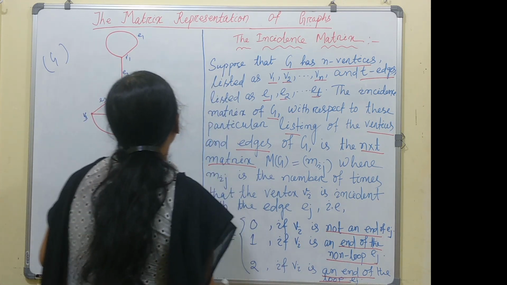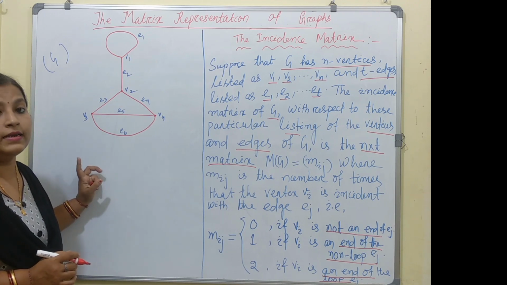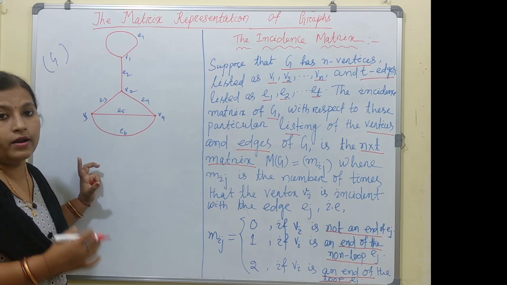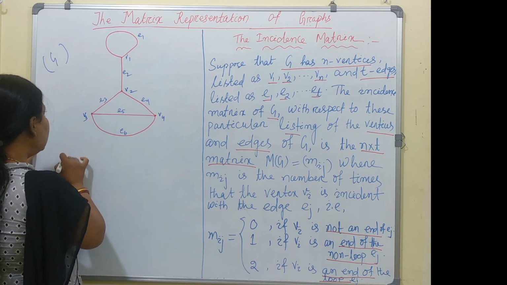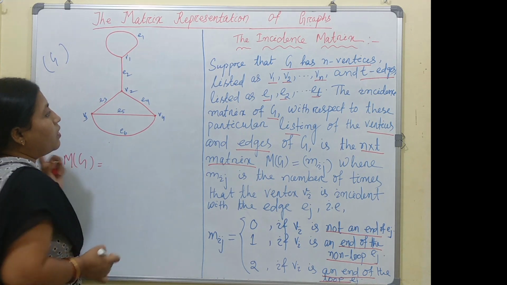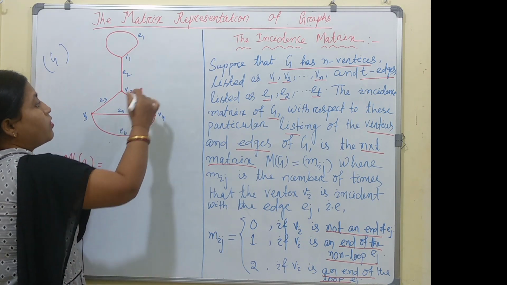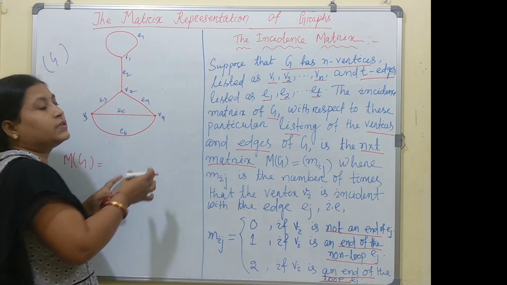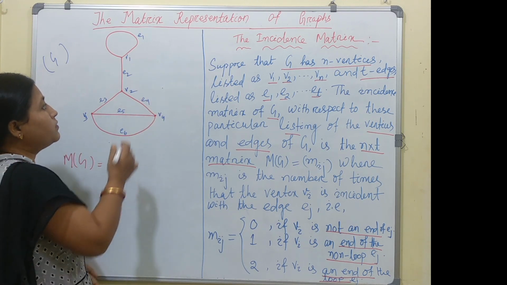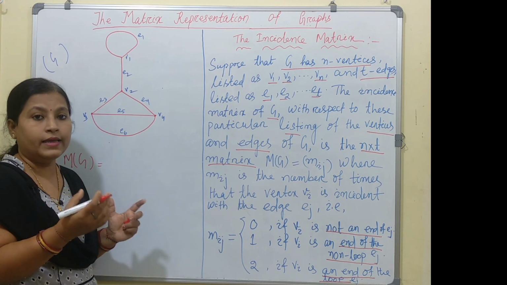Now come to one graph, and we will find the incidence matrix of this particular graph, that is, we will find M(G). First, what is the order of the incidence matrix of this graph? We list all the vertices and all the edges.